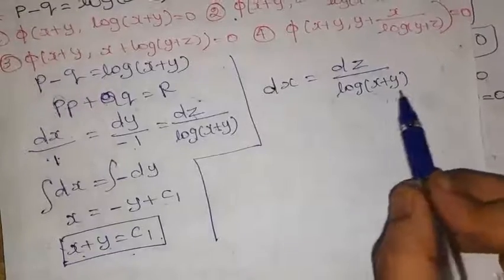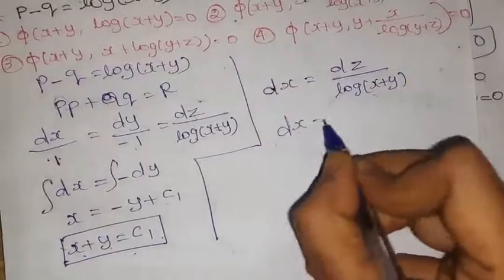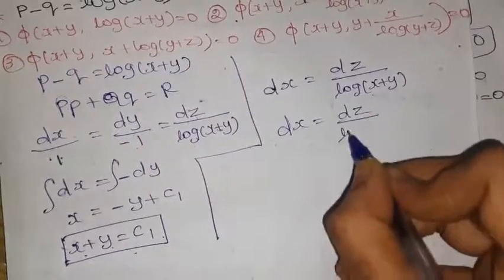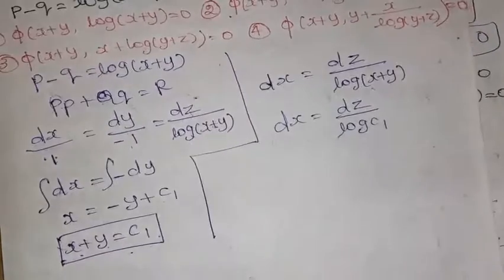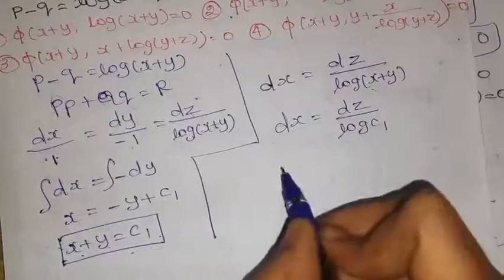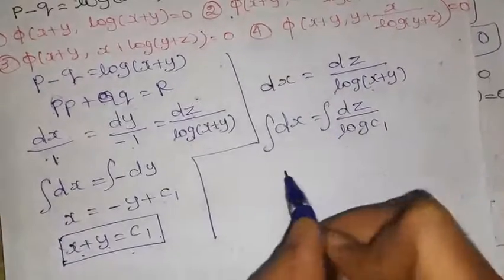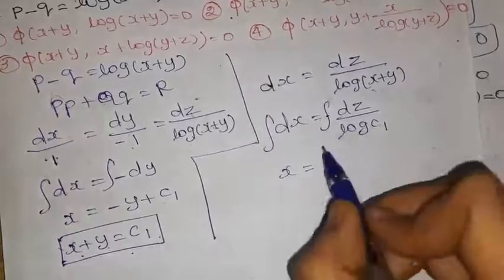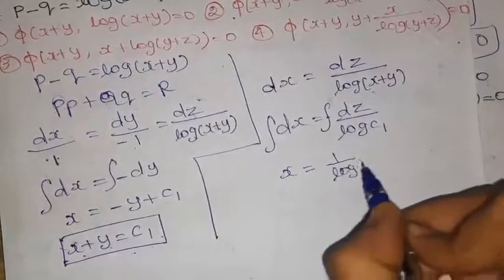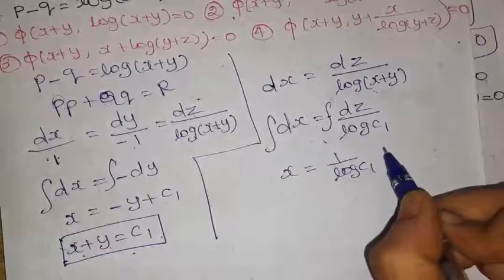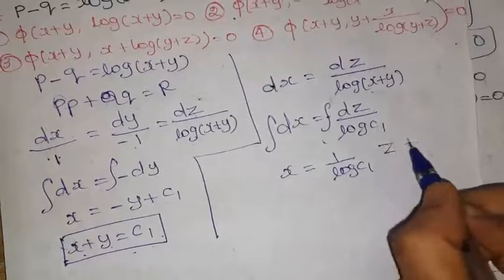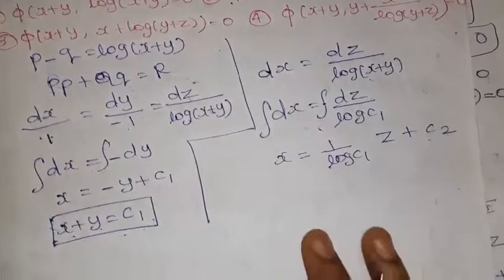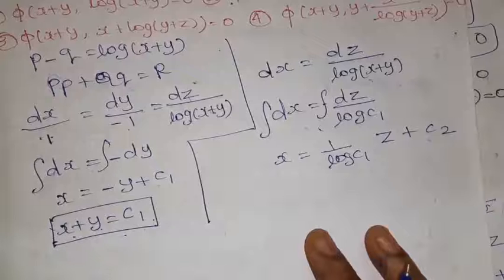So substitute x plus y equal to c1 in this equation, dz by log c1, right? Now integrating on both sides. So integral dx equal to x, integral dz only, log c1 is a constant. So 1 by log c1 into integral dz equal to z plus c2.